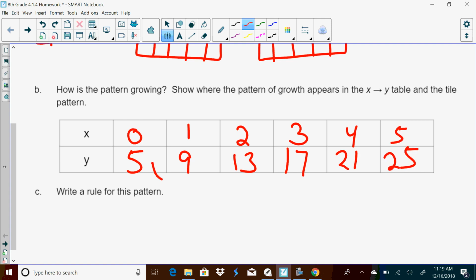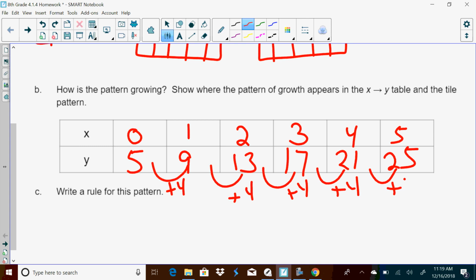To show it, I would just do plus 4, showing that it's growing by plus 4 each time. So I know it's growing by 4, and its initial value is 5, so my rule is y equals 4x plus 5.